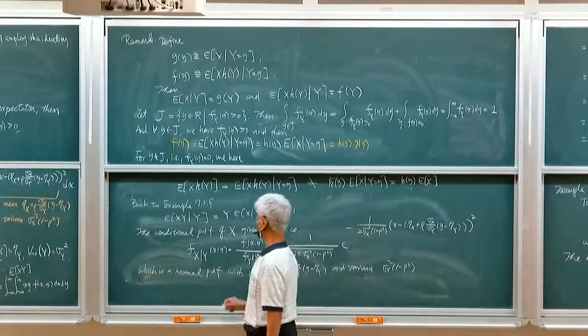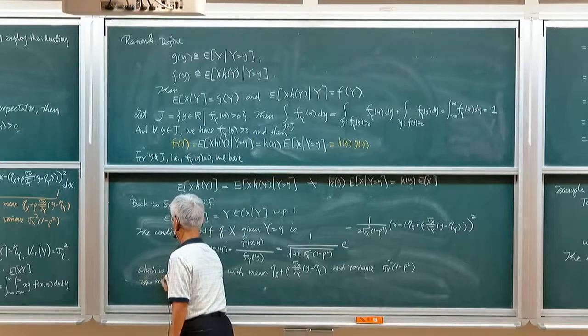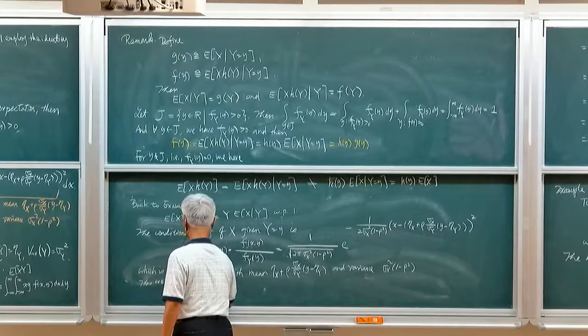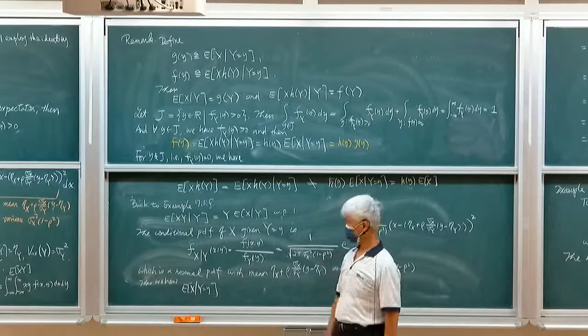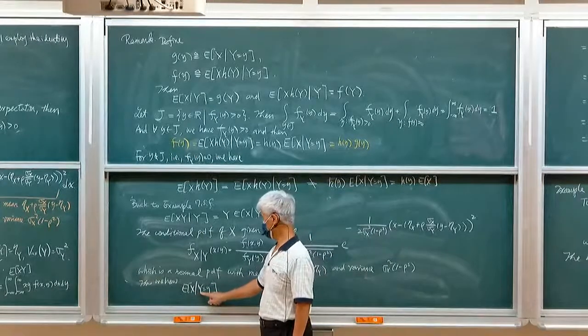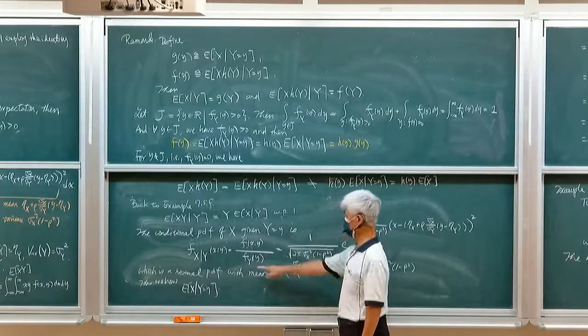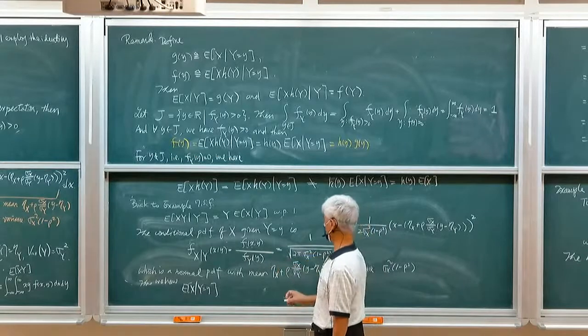And so immediately we have the conditional expectation. The conditional expectation of random variable x given random variable y equal to little y is just the expectation of this conditional PDF, which is normal.